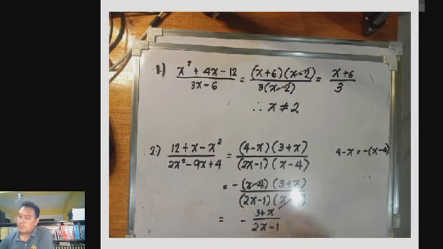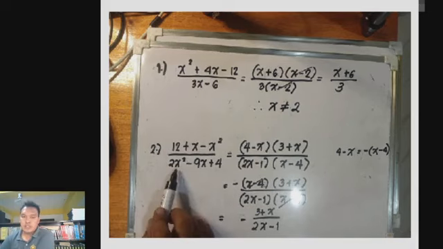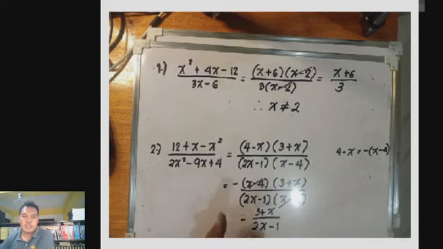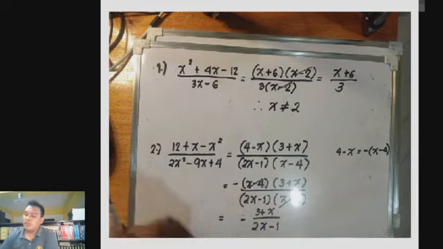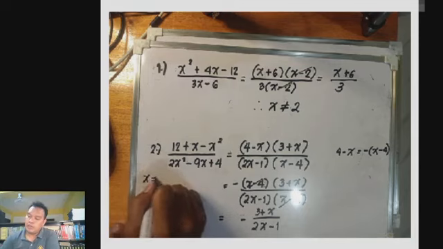Okay? So, ngayon, as we can see, yung x natin is naka-raise to 2. So, ibig sabihin, we have two values of x to be excluded dyan. No? So, x should not be equal to and x should not be equal to.